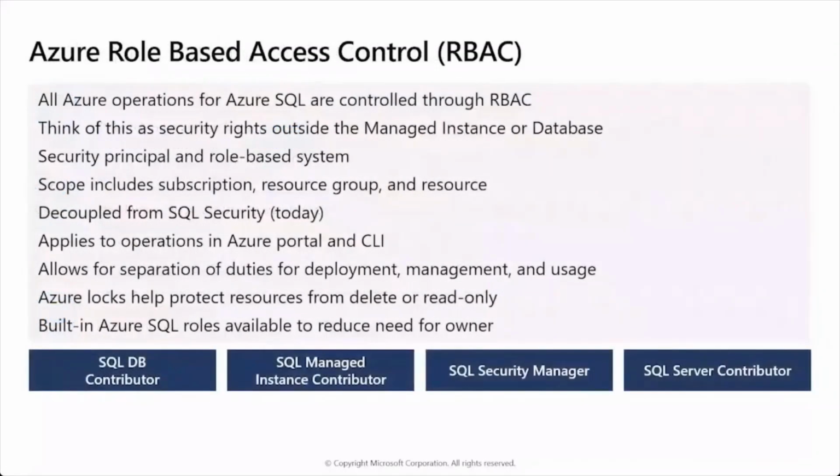So access management for cloud resources is a critical function for any organization that is using the cloud. So Azure Role-Based Access Control, or Azure RBAC, helps you manage who has access to Azure resources and what they can do with those resources.